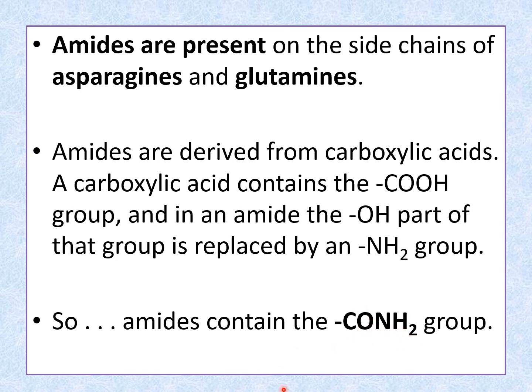So this would be basically the group that will be formed once two amino acids are reacted to each other. So again, amides are actually groups that result from the reaction between two amino acids.